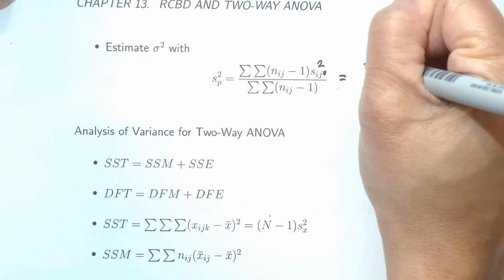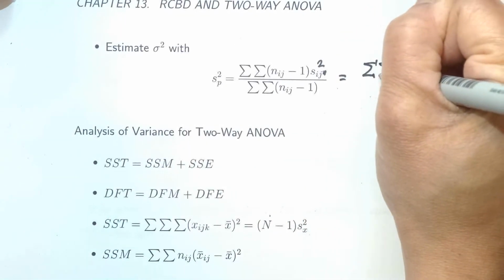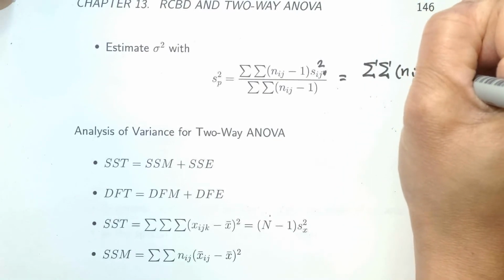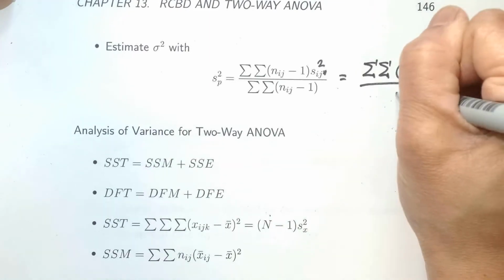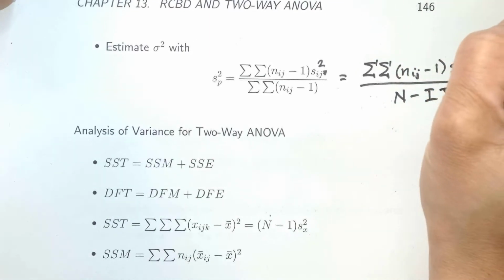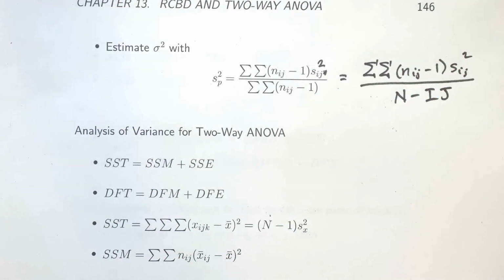So we could actually write this as the sum of Nij minus 1 times sij squared, all over capital N minus IJ.